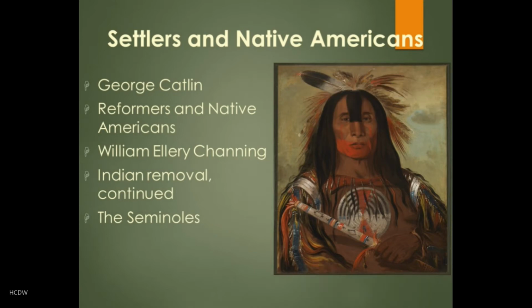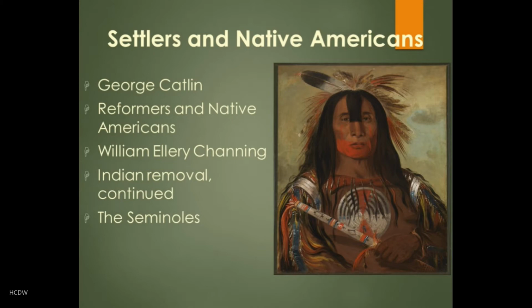His paintings always imbued the Indians with pride, nobility, humanity. You couldn't help but have respect for the people in Catlin's paintings, much in contrast to many previous paintings which, as I've noted, depicted the Native Americans as bloodthirsty savages.